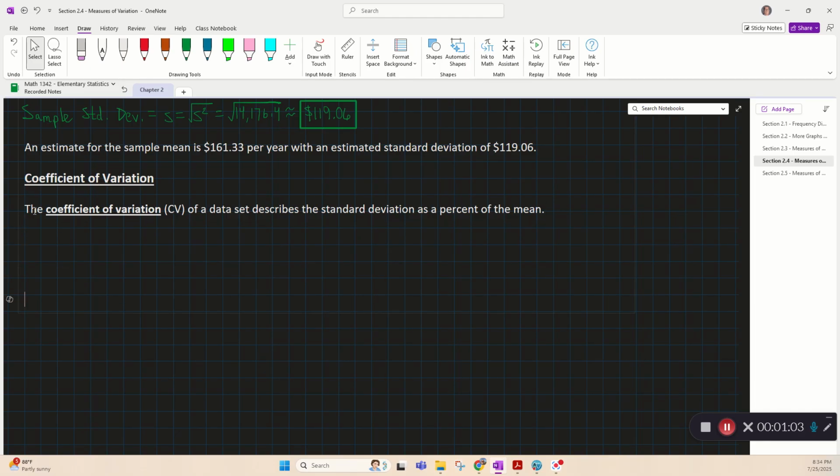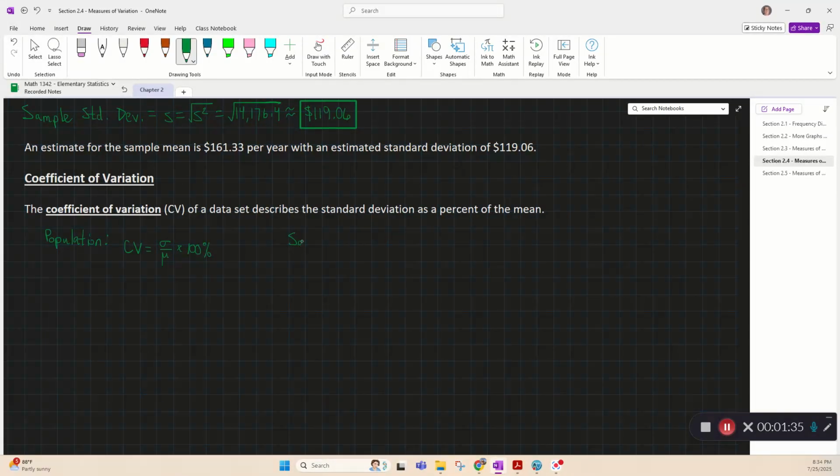Okay, so just like before, we've got a population formula and a sample formula. For the population, the coefficient of variation is equal to sigma divided by mu, times 100%.